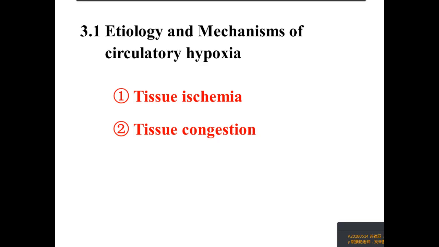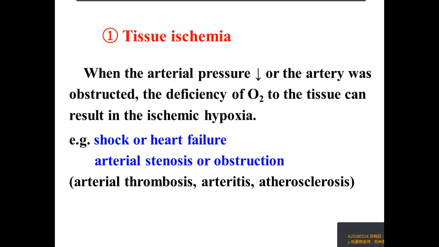Now what can lead to circulatory hypoxia? Tissue ischemia and tissue congestion. What can lead to tissue ischemia? There is the capillary, the artery, and the vein. If the artery is blocked, it leads to ischemia.